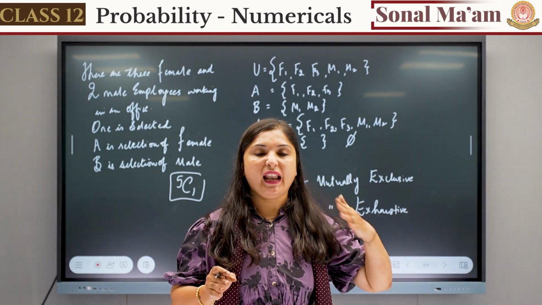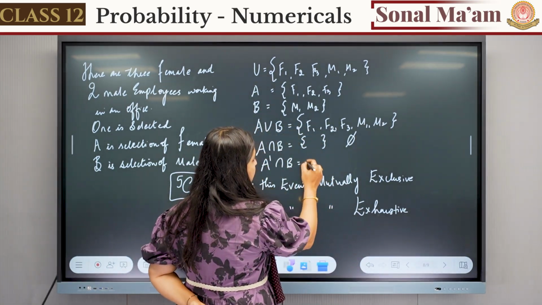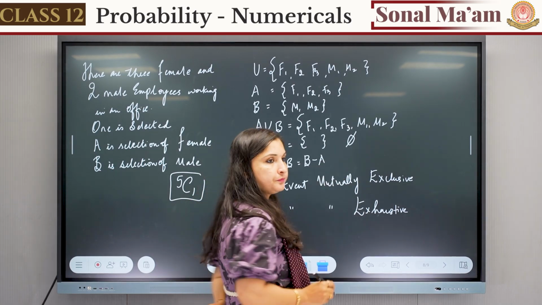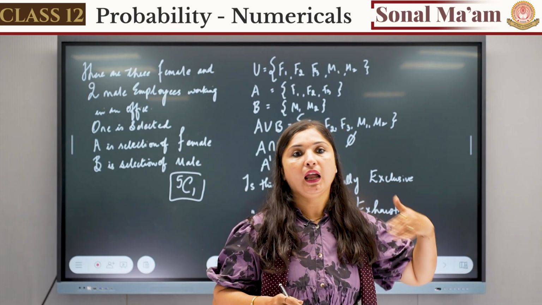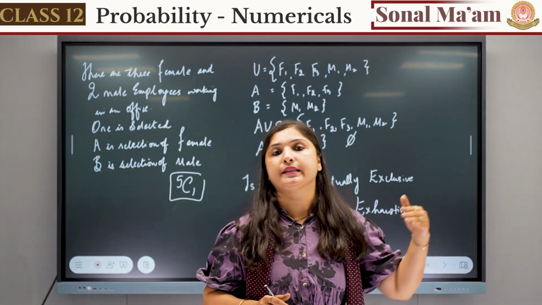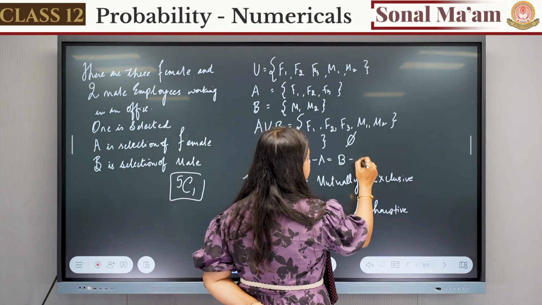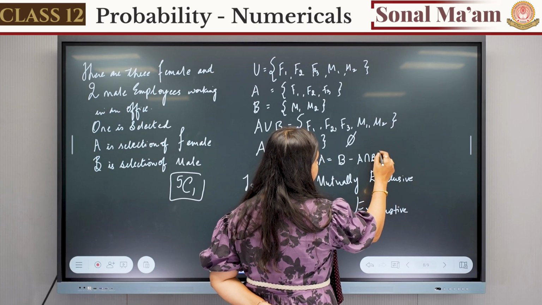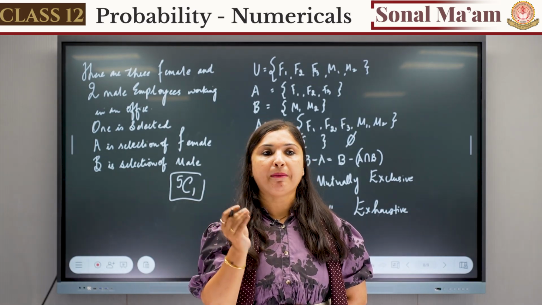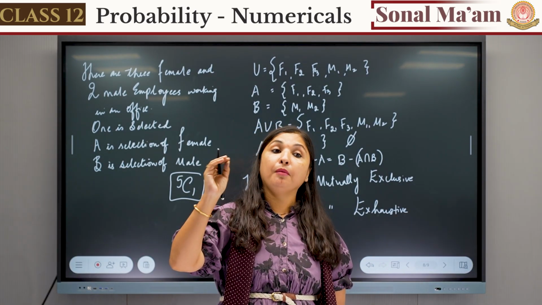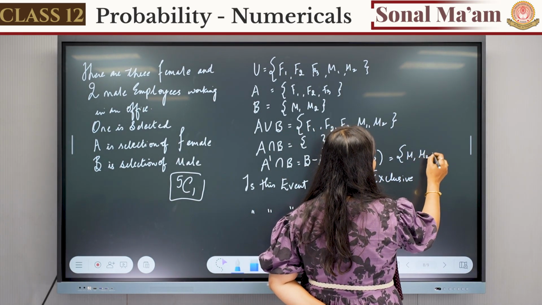We don't want A. And if we don't want A, from where? From B. So this question is B minus A. B minus A, we don't want A from B. A we don't want, its intersection also we don't want. So we have to remove B minus A intersection B. As it is, we don't have any intersection part. Intersection है ही नहीं, so what will remain? Only B. And what was B? Male employees. Only male employees. So answer will be M1 and M2.